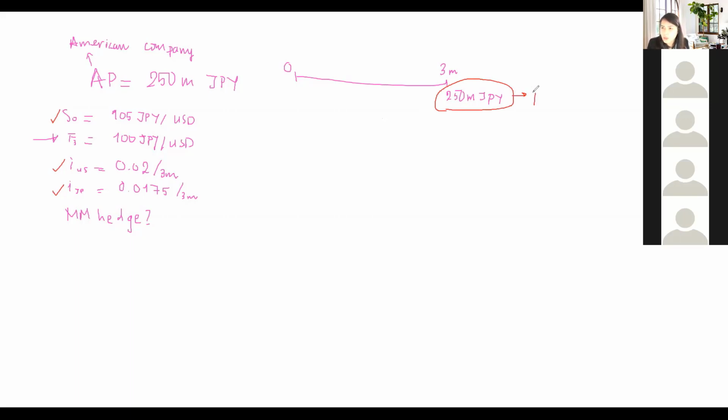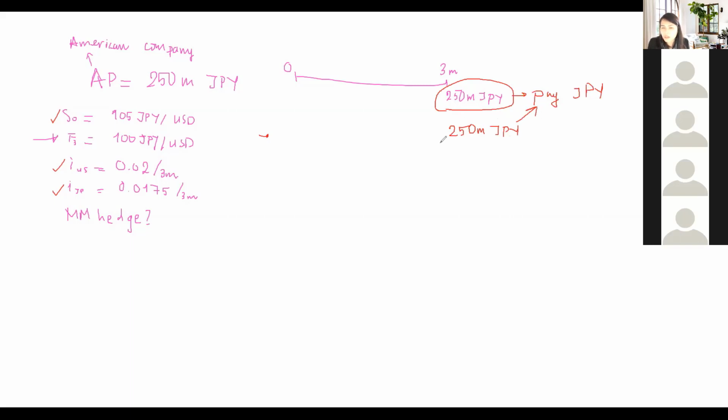So here I expect to pay the Japanese yen in 3 months' time. So when I set up the money market hedge instrument, I've got to set up so that in 3 months' time, I somehow end up with 250 million Japanese yen. So I want to end up with a cash inflow of 250 million Japanese yen in 3 months' time so that I can repay the account payable.